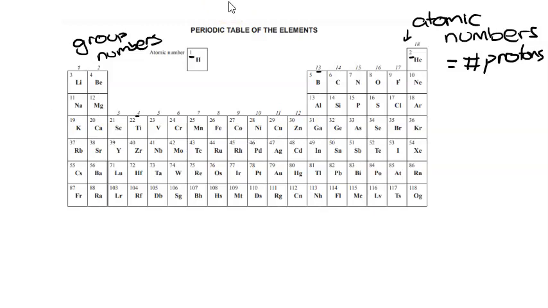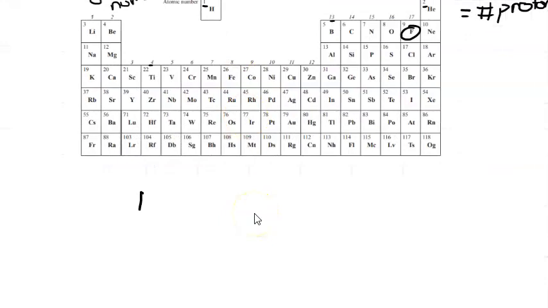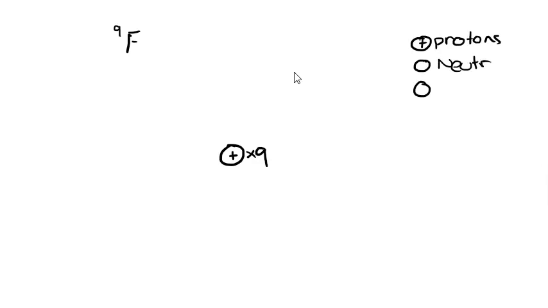So we'll take fluorine and draw the atomic structure of fluorine to begin with. So I'll get myself some space. Fluorine has the atomic number of 9, and that means that fluorine has got 9 protons. So I'm just going to write protons times 9 in its nucleus. In the nucleus of an atom, we've got protons, which have a positive charge, neutrons, which are free of charge, and then electrons, which are around the outside of the nucleus.